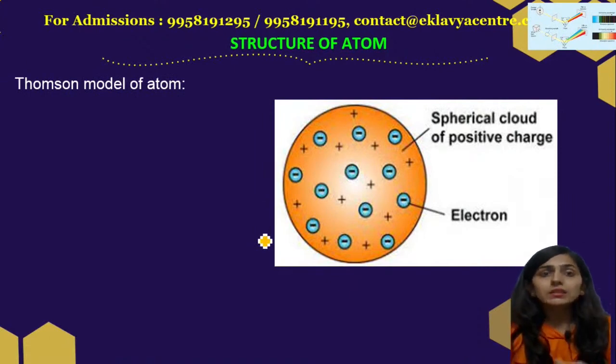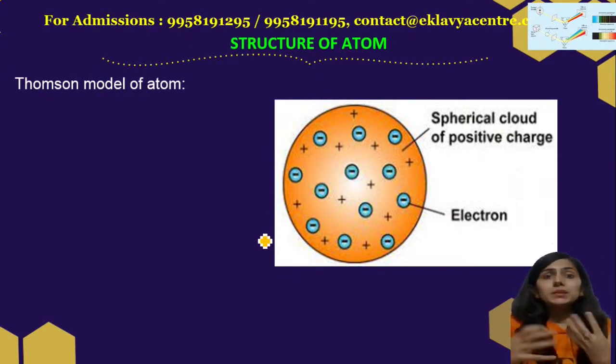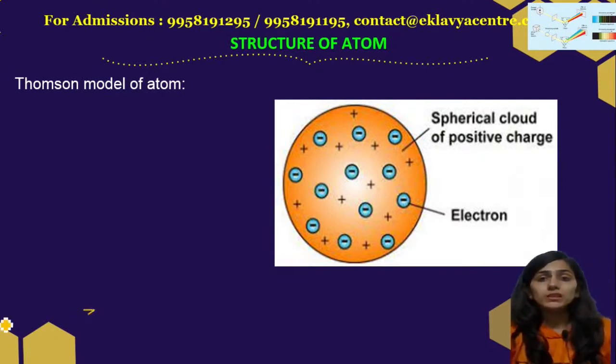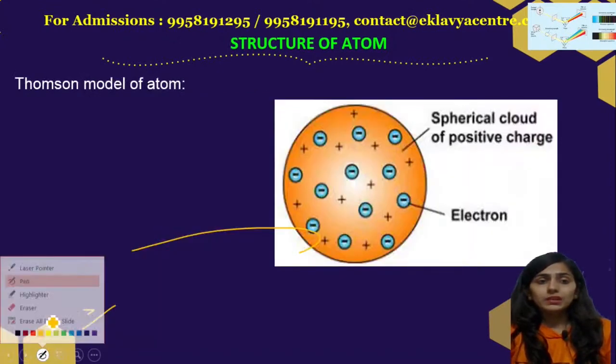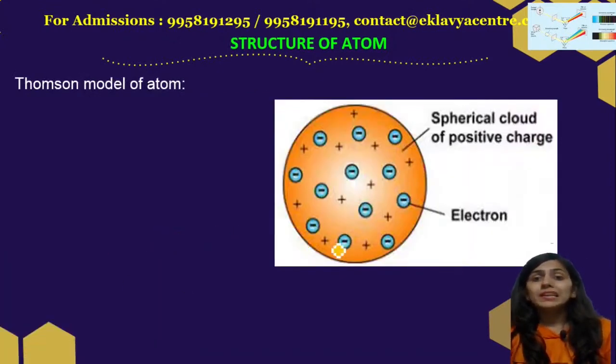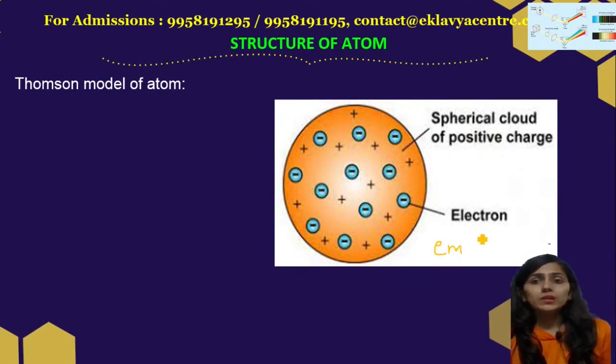He assumed Dalton's theory to be correct, and he said that the atom is a spherical cloud of positive charge in which electrons are embedded. These blue color electrons are embedded into the spherical cloud of positive charge.